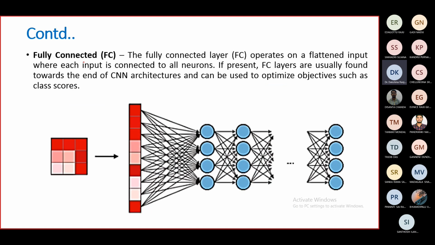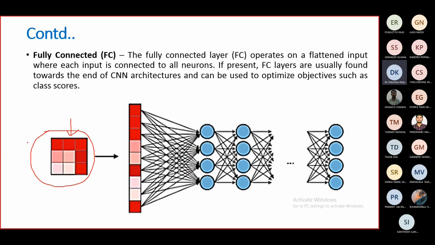The next layer is known as the fully connected layer. Here the fully connected layer operates on a flattened input vector. So how could we get the flattened feature vector? Let us consider this is the feature map of the convolved image obtained after the last convolutional layer.